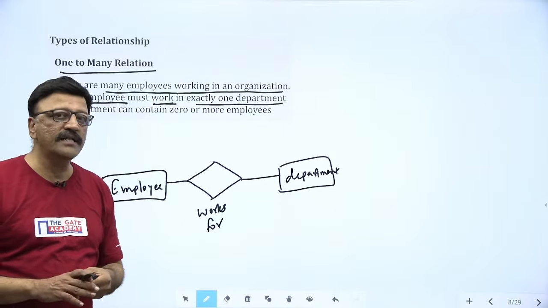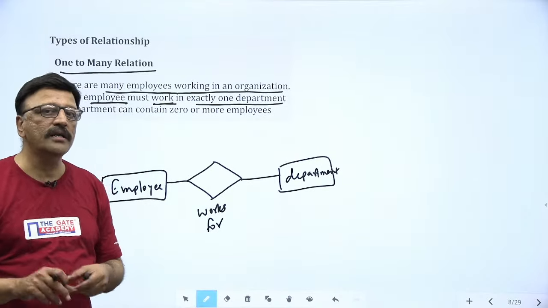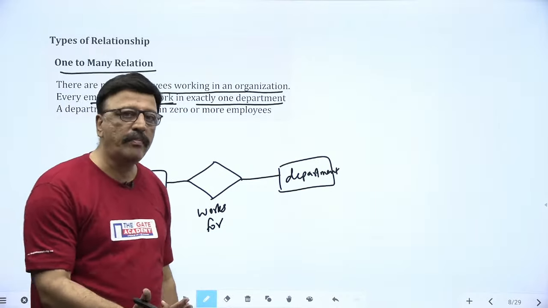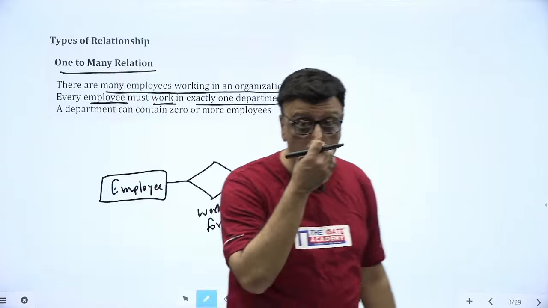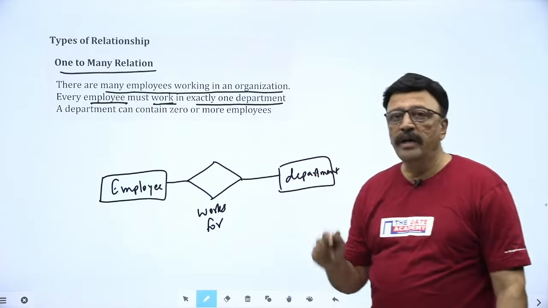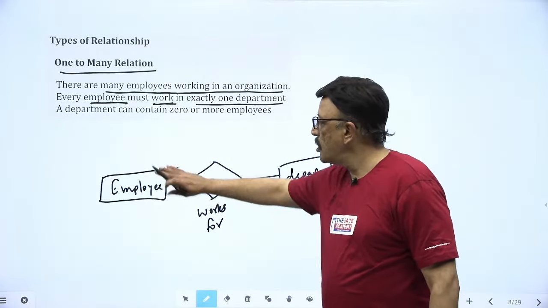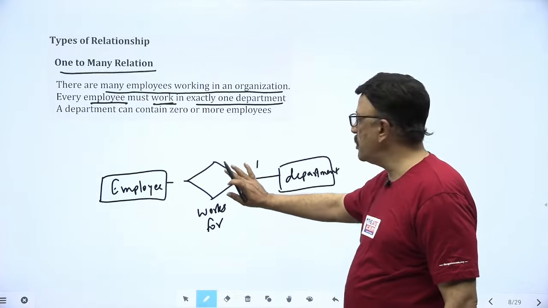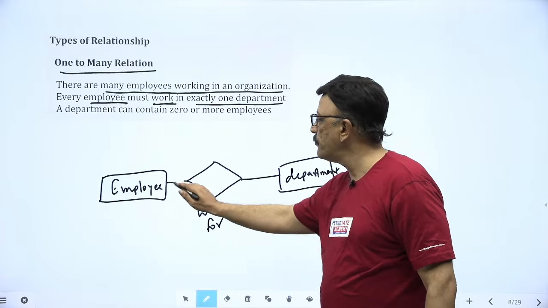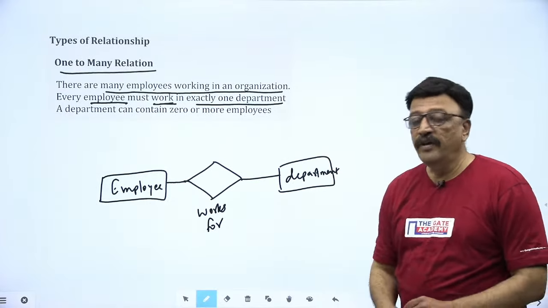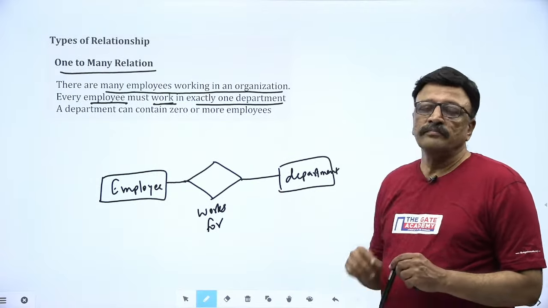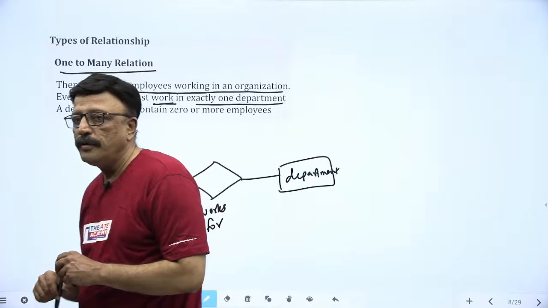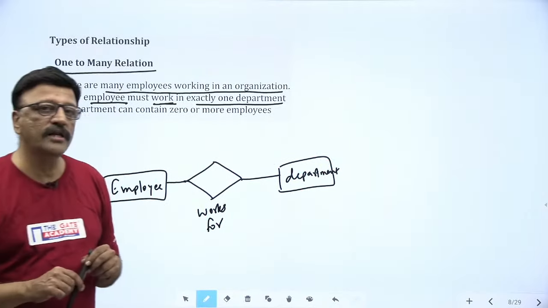Whatever your answer is, where should 1 be written? Definitely it is a one-to-many relation. Waiting for your answer.